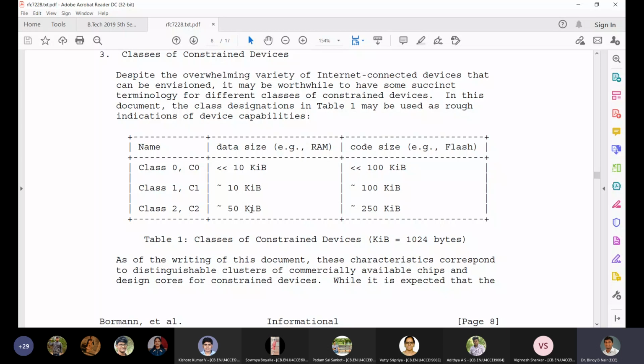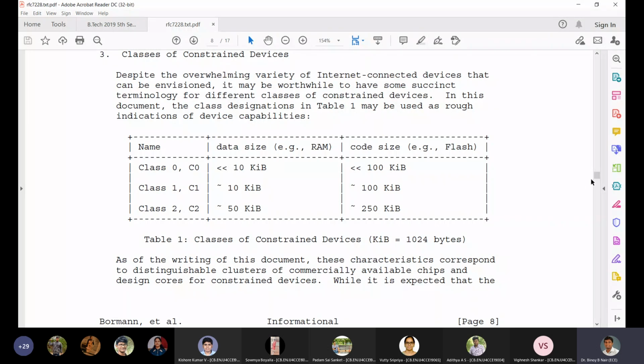If you have around 50 KB and 250 KB, you have class 2 constrained devices. Beyond that, we consider them more like full-fledged computers. So these are the three classes.